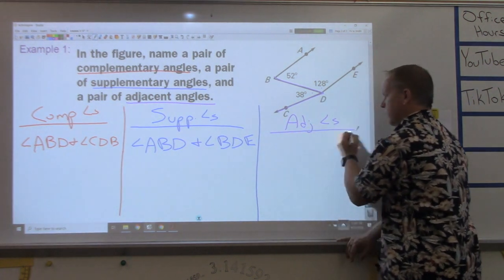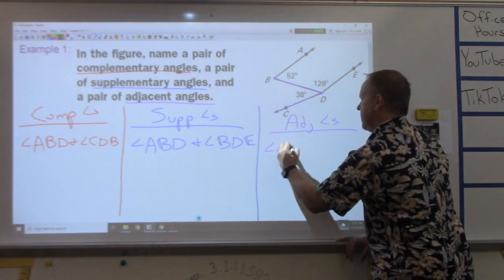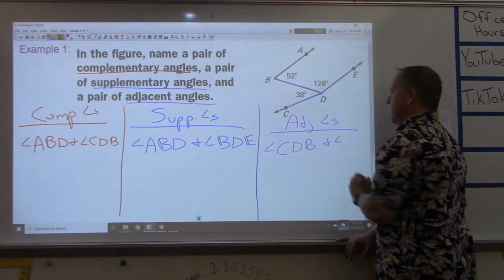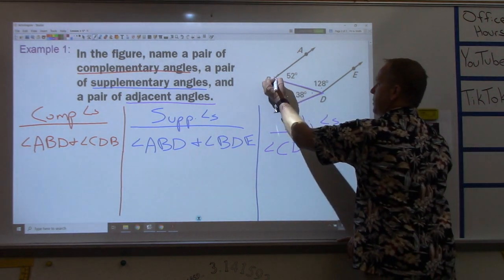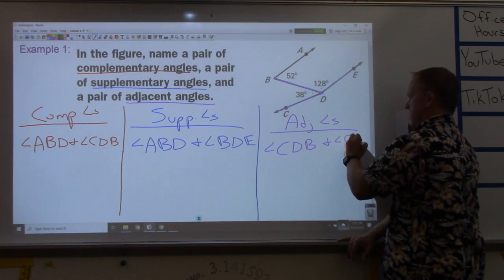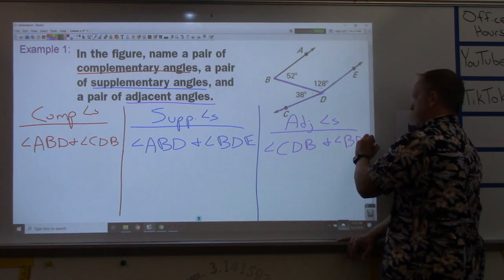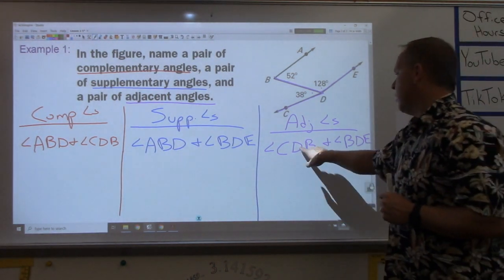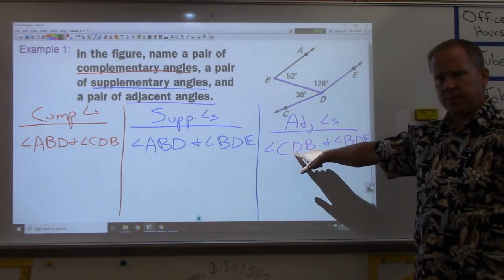Adjacent angles: angle CDB and angle BDE. Now, here's the nice part when you're naming adjacent angles. First off, the letter in the middle should be exactly the same.